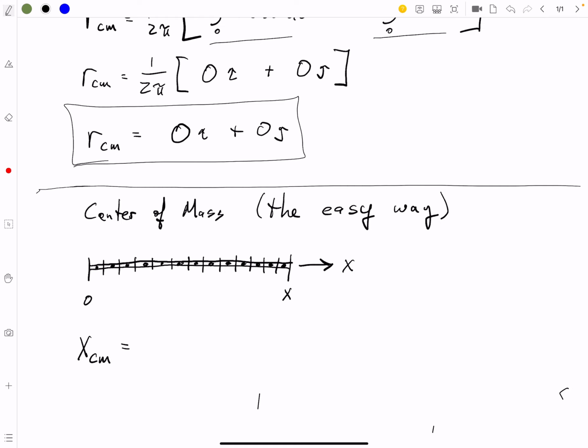We're going to take m1 times this distance. Okay, that's x1.